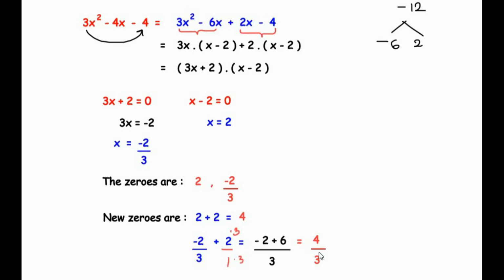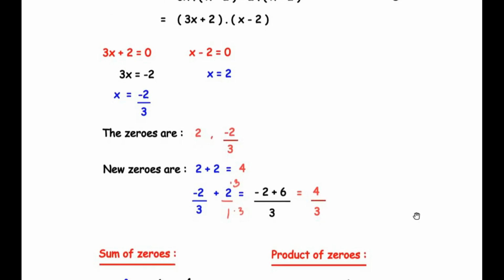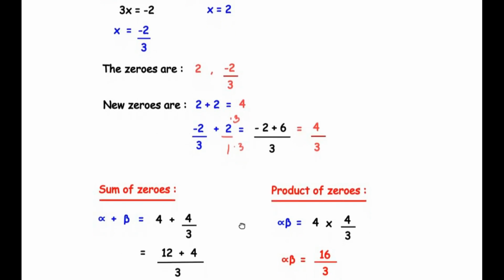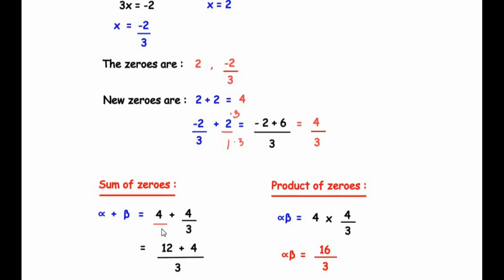Now once we have got this, we have to find the sum of the zeros and product of the zeros of the new polynomial. So here we have written sum of zeros as alpha plus beta. Here we have considered 4 as alpha and 4 over 3 as beta. So alpha plus beta will be equal to 4 plus 4 over 3. Now here again we are trying to get a common denominator.